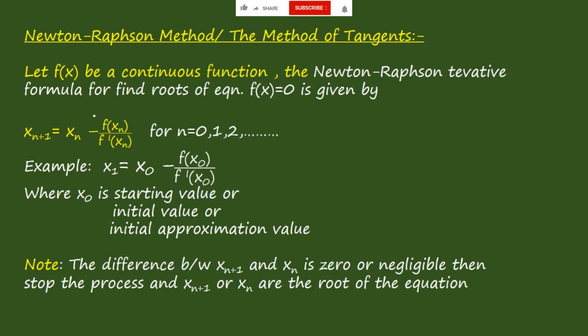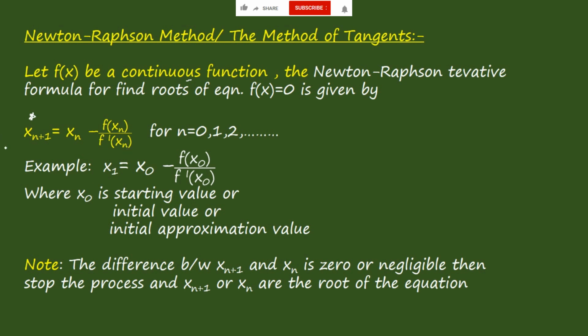Now the formula is noted down here. If f of x is a continuous function, by using the Newton-Raphson method we can find the root of an equation. The formula that we use, which is very important, is x of n plus 1 is equal to x of n minus f of x of n by f dash of x of n.